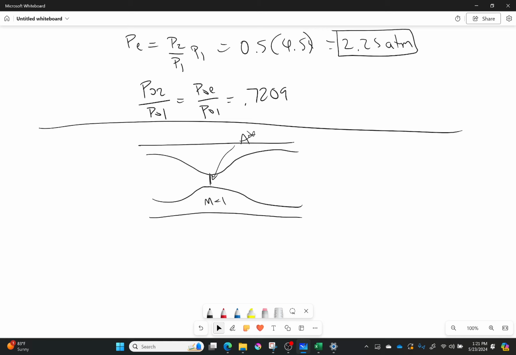Not super important for a lot of things, but it does help if we know that. Did I give any sizes in the problem statement? I did not, but I don't really need those, so that's okay.